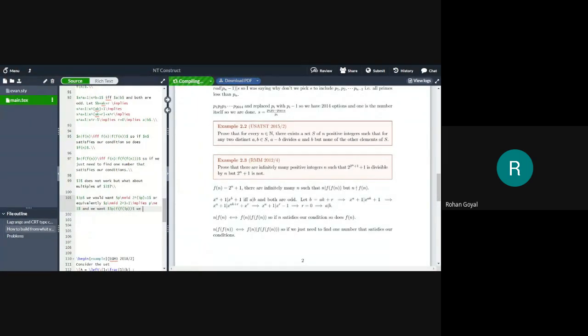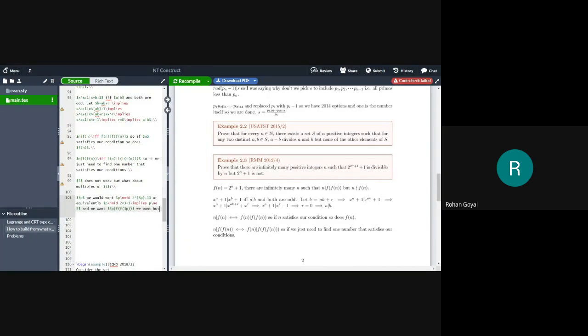How is that equivalent? Mod p, we know that 2 to the 3p is congruent to 2 to the 3, by Fermat's little theorem.